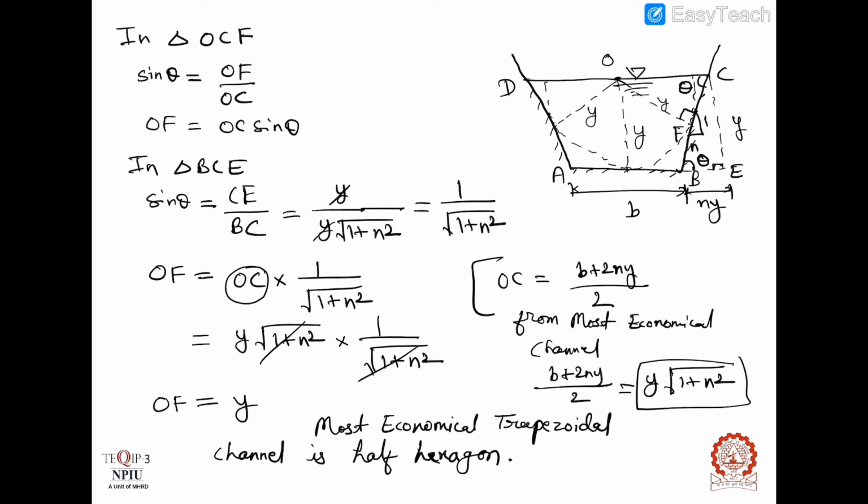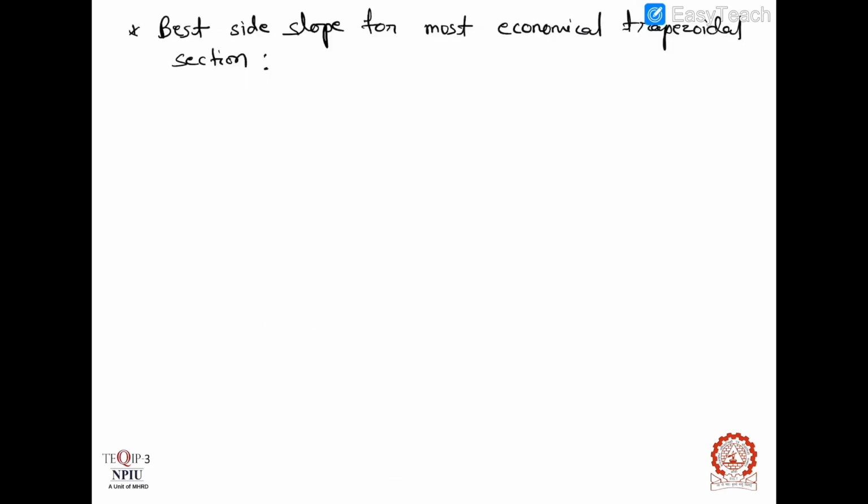We decided at the beginning what side slope to keep, and by varying the depth of flow we found the minimum perimeter of the trapezoidal section. But now we are finding the best side slope. Means now we keep the depth of flow and area of flow constant. Now we will vary the side slope to keep the perimeter minimum.